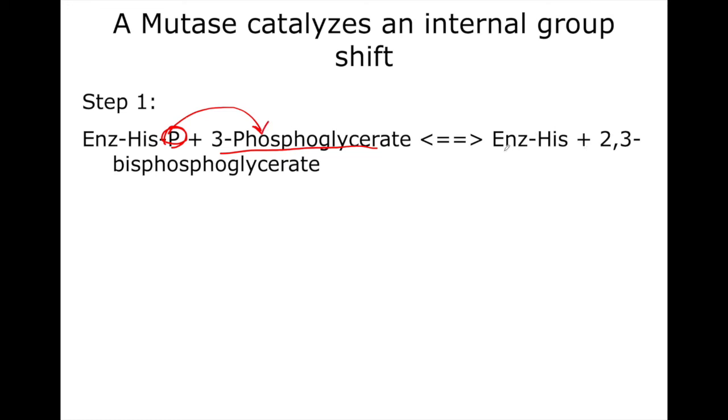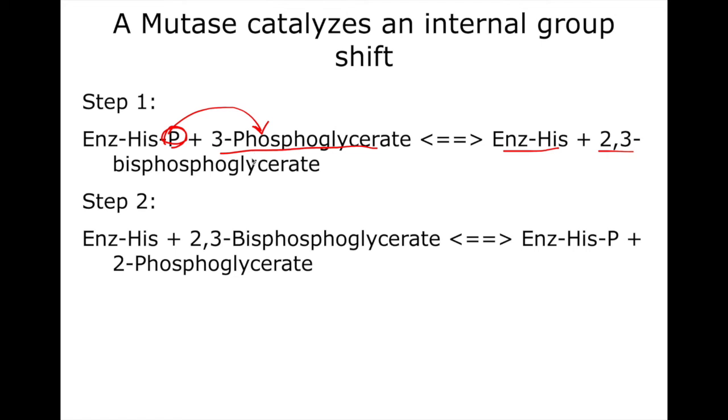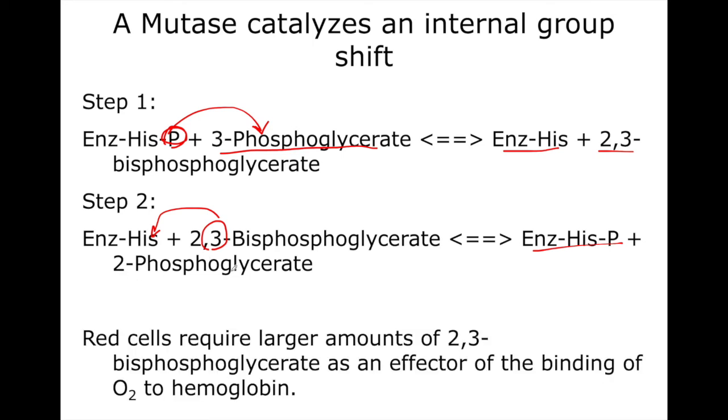So now we have the enzyme with just the histidine, no phosphate, and we have 2,3-bisphosphoglycerate. Then that histidine, which no longer has the phosphate, pulls the phosphate off of the 3-carbon and transfers it back to the histidine. So we essentially have our enzyme regenerated with the histidine and the phosphate attached to it, and we have 2-phosphoglycerate.